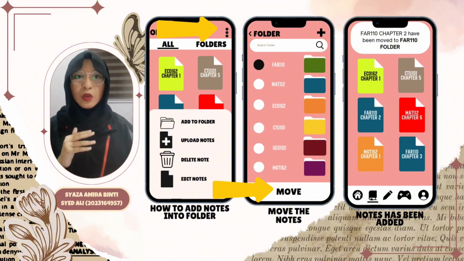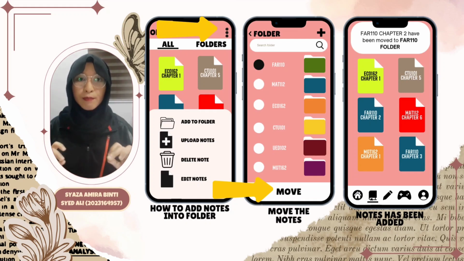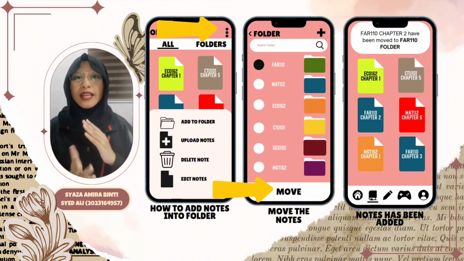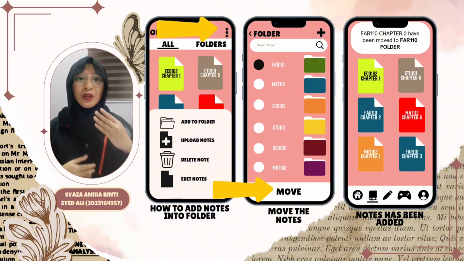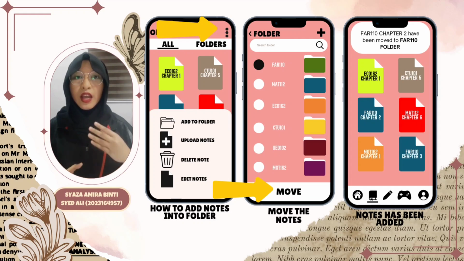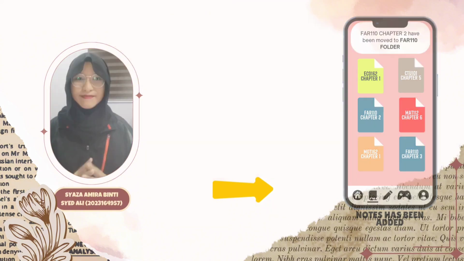Then they just need to press the move button, which is on the bottom part of the screen. Once that has been done, their notes have been fully put into the folder, and our app will notify our user that the process has been completed to ease our user.